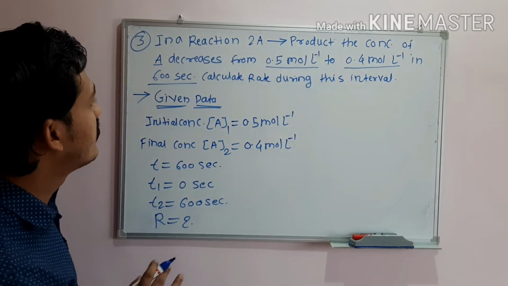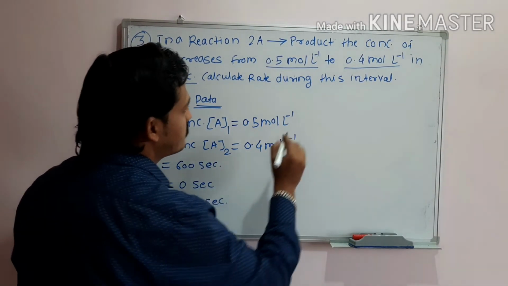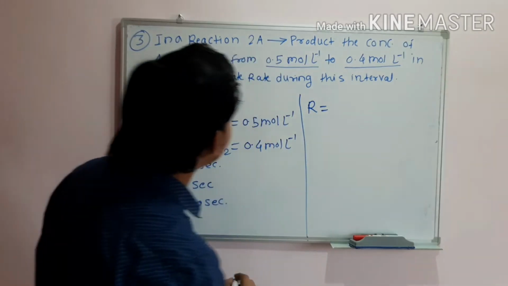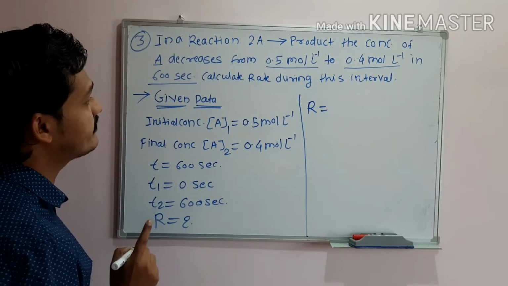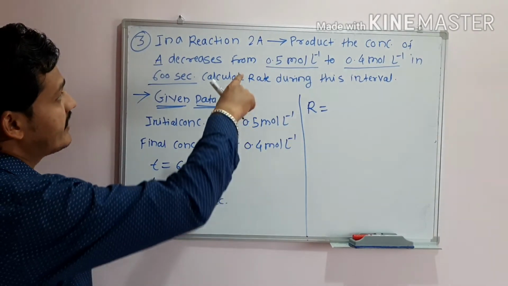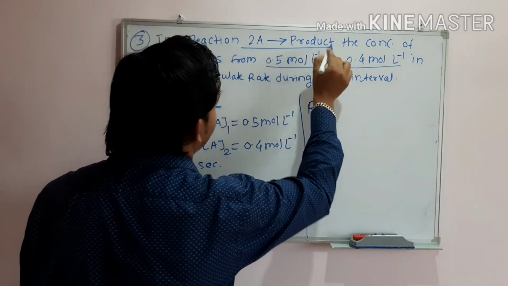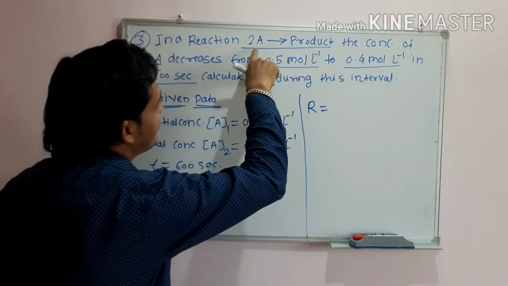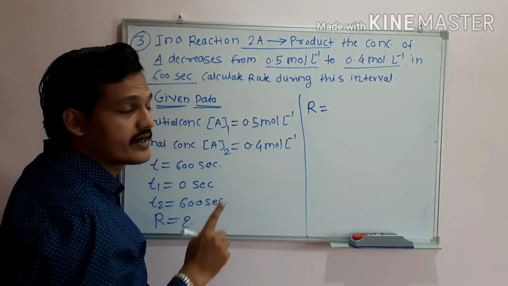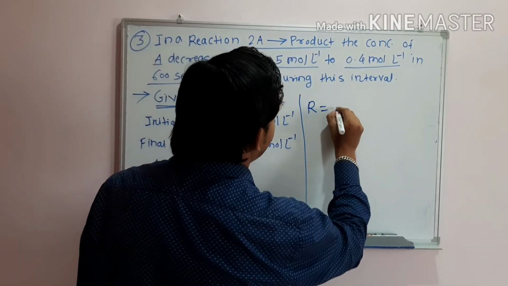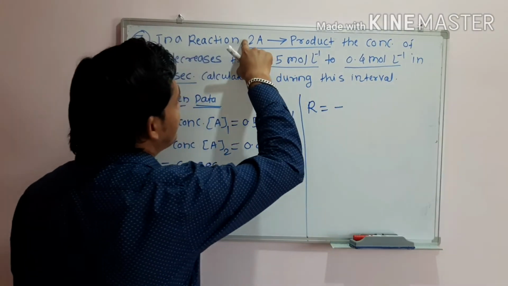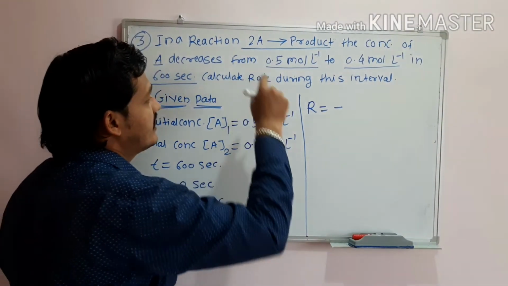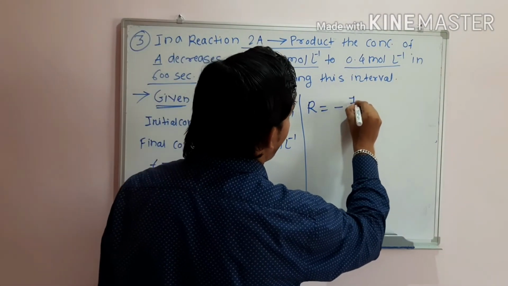Okay. Now, calculate rate. So, we have to solve this. R is equal to, first of all, we have to write the correct rate of reaction for the given equation. So, we have 2A which gives product. Hence, we have to write minus because the negative sign is added to the reactant side. Okay, minus, then 1 by 2.